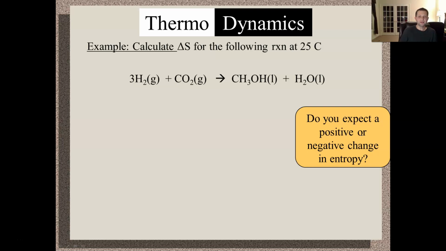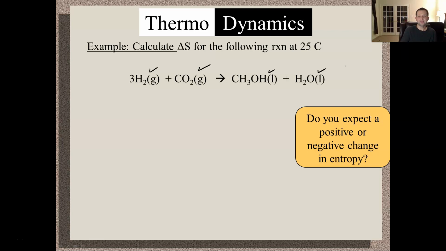So we want to ask ourselves, is the entropy increasing or decreasing for this chemical reaction? If you look at the reactant side, we have two gases, so it's lots of disorder, so a high entropy value on the reactant side. On the product side, we have a liquid and a liquid being formed. So it looks like this equation from reactant to product is getting more ordered, less disordered.